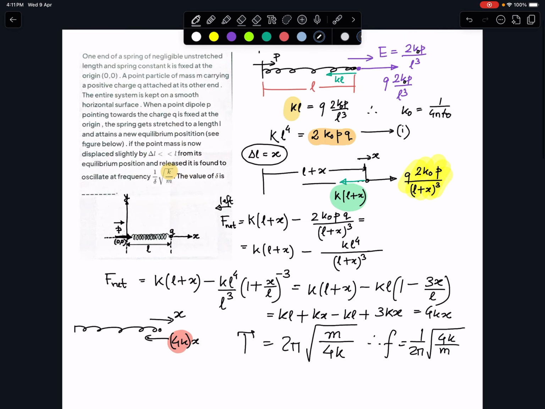So this will come out as 1 by pi root k by m. Here you have to find delta. If you compare this with the equation given, delta is equal to pi. Okay, that's it.